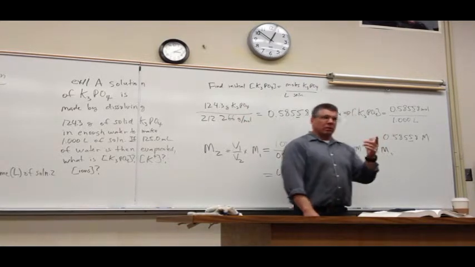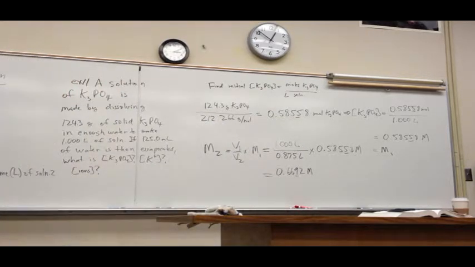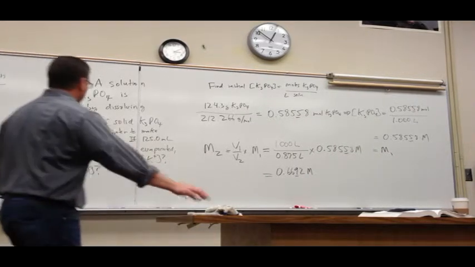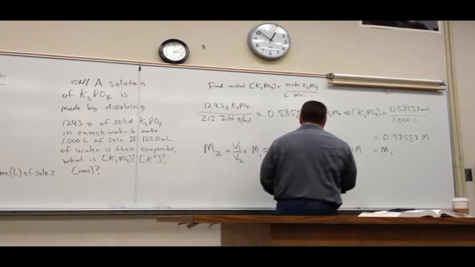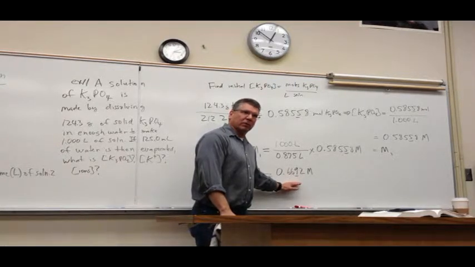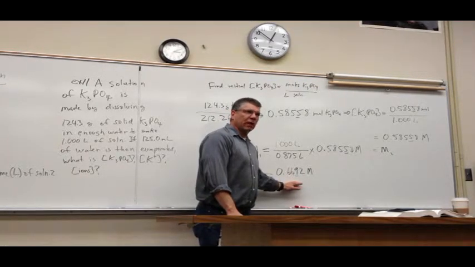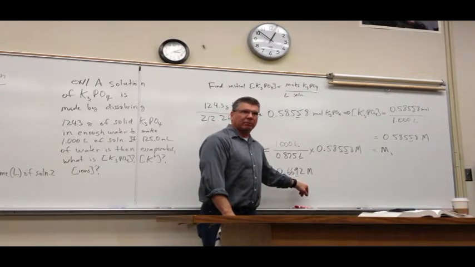We also know this. If we had 1 mole of potassium phosphate dissolved in solution, how many moles of potassium ion would we have? 3. 3, right? Because there's 3 moles of potassium in 1 mole of potassium phosphate. So what that means is the concentration of potassium ion will be 3 times the concentration of potassium phosphate. You guys buy that?